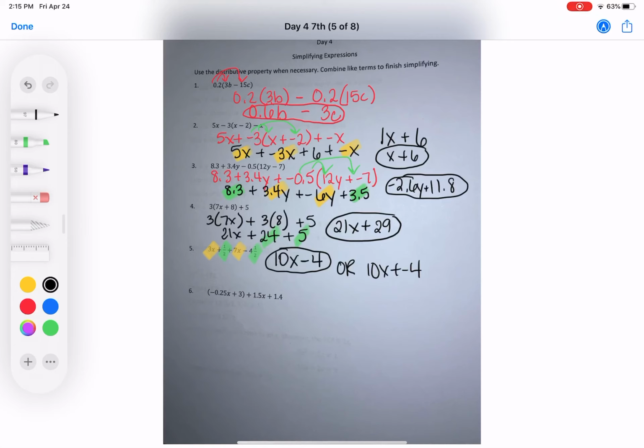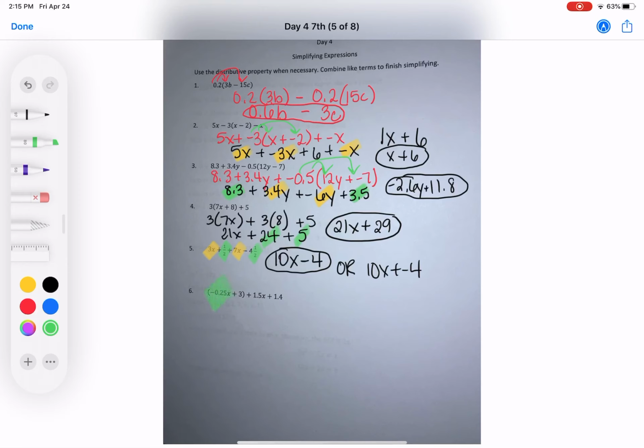Okay, and number 6. In this situation, they put an operation with 2 terms in parentheses. However, there is nothing on the outside of that parentheses that tells us we need to distribute. So we can just ignore the parentheses and we're going to combine like terms. The first things that I have in common are my variable portions.